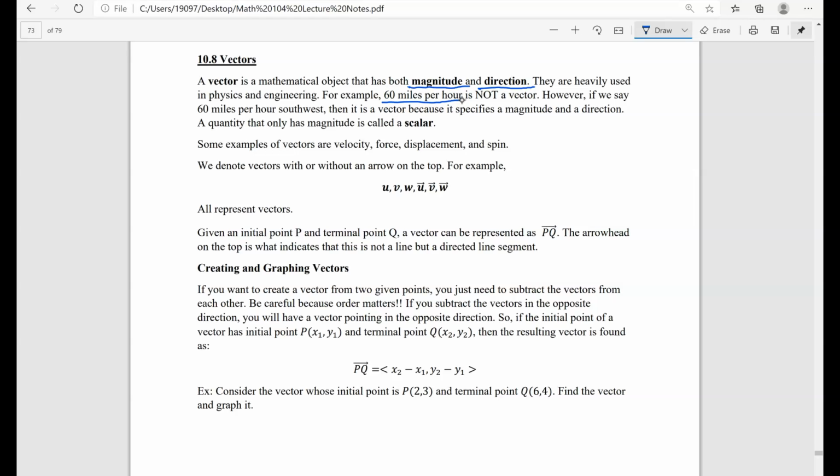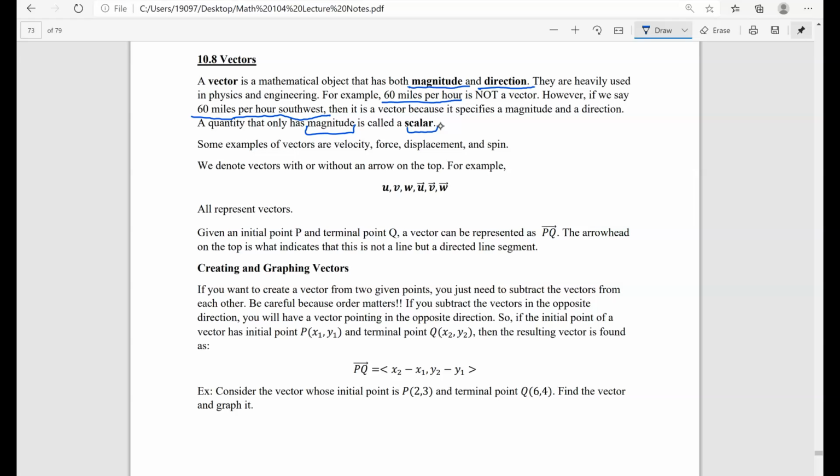But if I said this car is going 60 miles per hour southwest, then it is a vector because it specifies both magnitude and direction. If I only have the magnitude itself, then you just have something called a scalar. A scalar only has magnitude, whereas a vector has magnitude and direction.